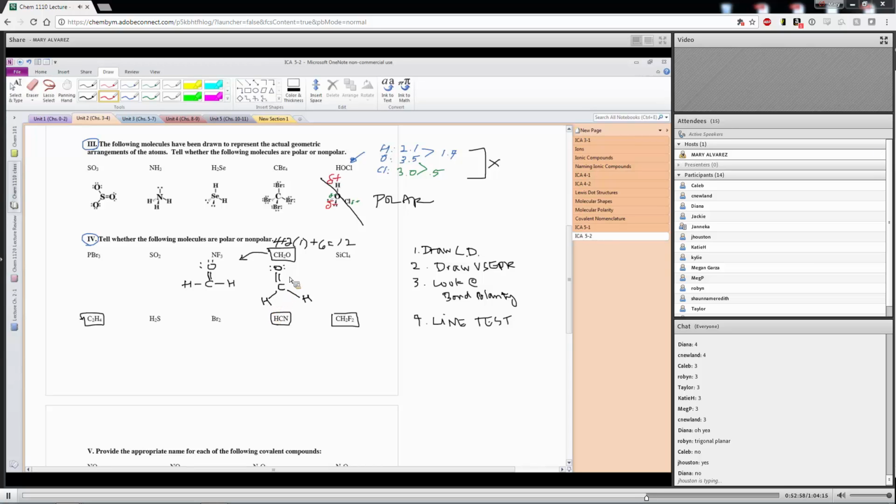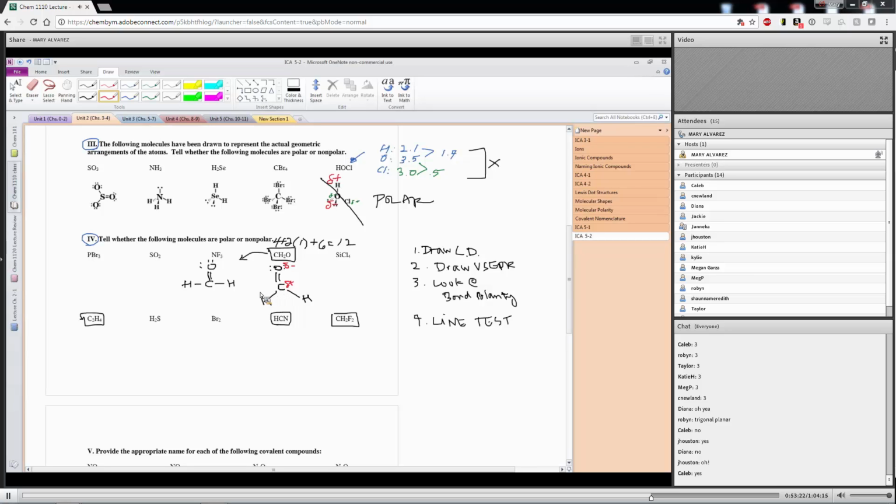So nothing there. Carbon-oxygen bond polar? Yes, carbon is 2.5, oxygen is 3.5, difference of 1. So I get partial positive on the carbon, partial negative on the oxygen. And this carbon-hydrogen bond, the same as that carbon-hydrogen bond.